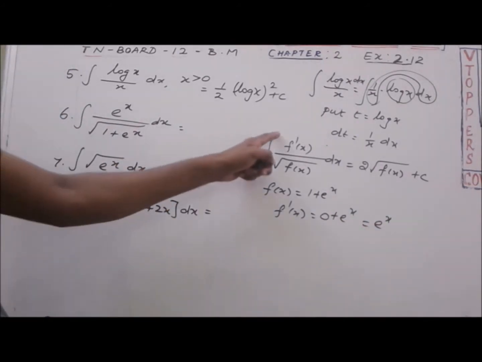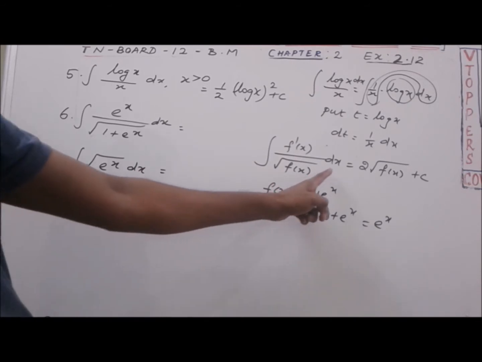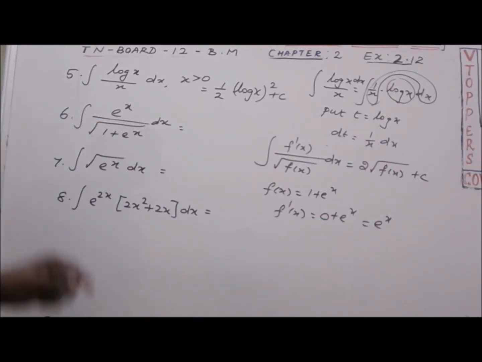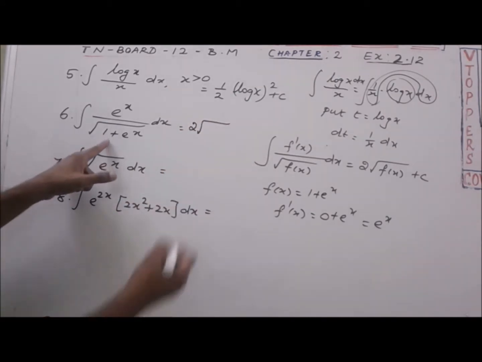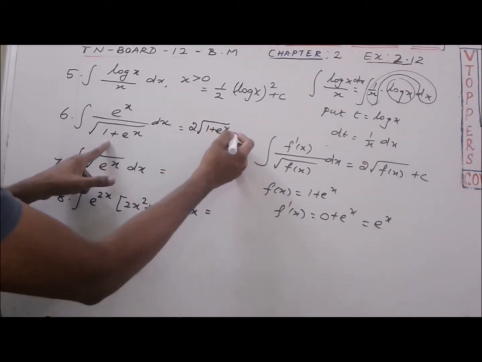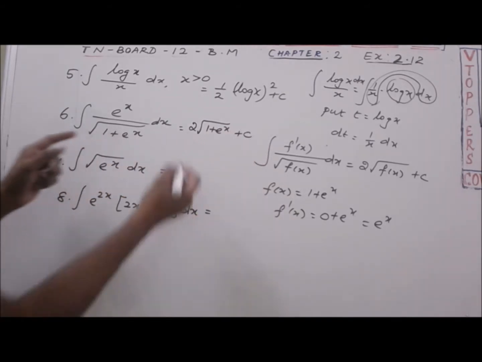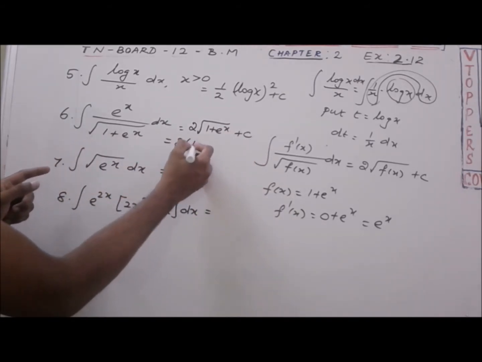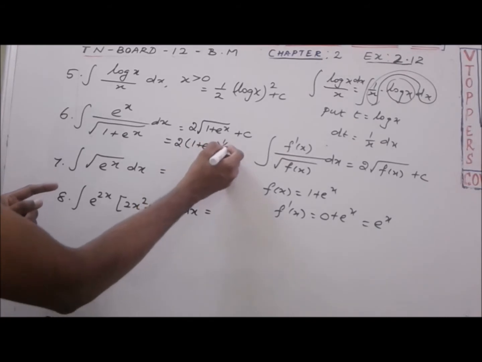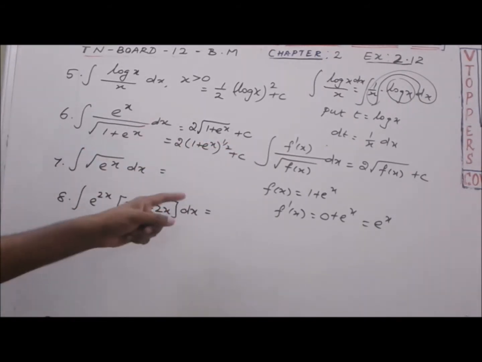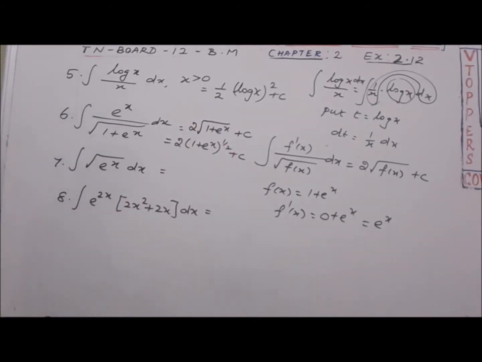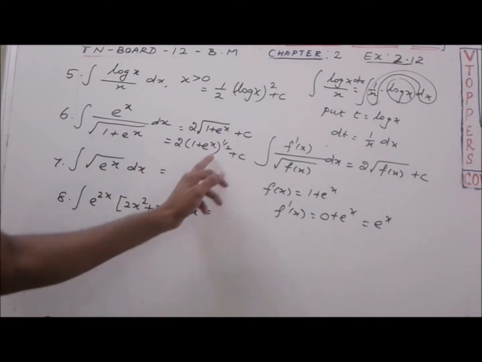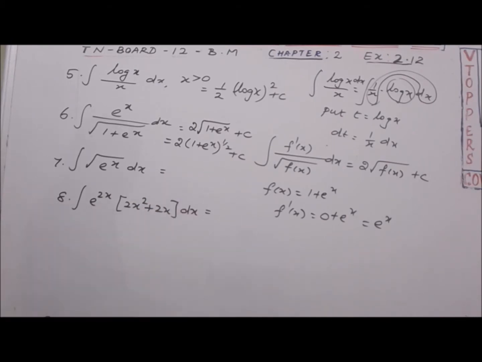So this is in the form of f dash of x by root of f of x dx. We can go with the formula 2 into root of f of x plus c. So it is equal to 2 times root of 1 plus e power x plus c. Or we can simplify it as 2 into (1 plus e power x) whole power half plus c. Both ways we can expect the answer.